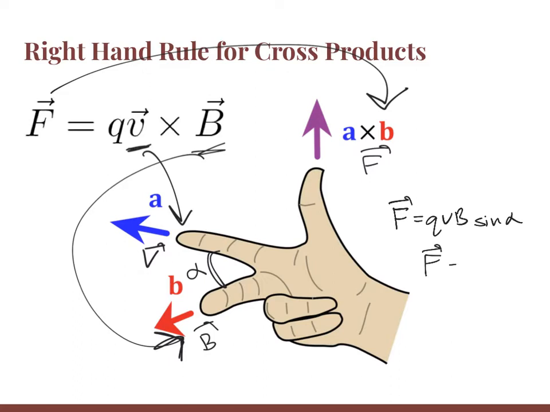So your force would equal 0 when alpha equals 0. So if your velocity and your field are going the same direction, like your A and your B, your fingers would be closed, there is no force.